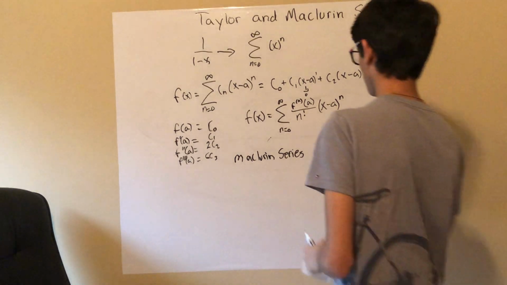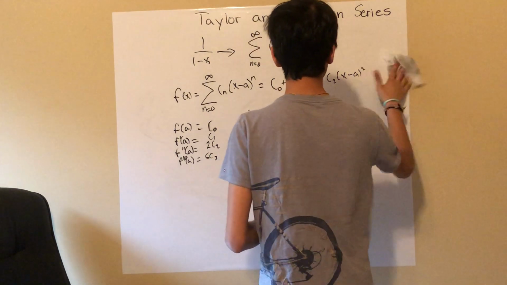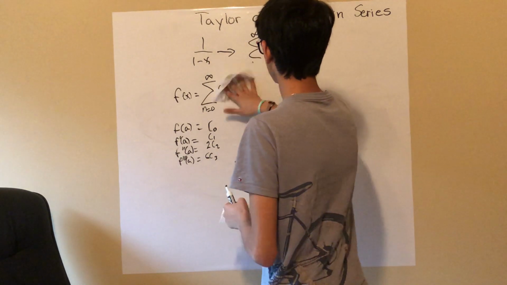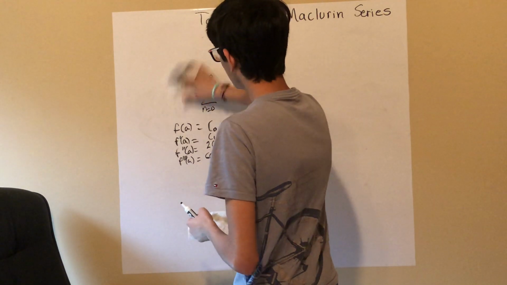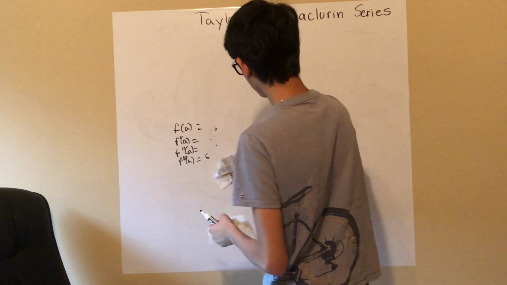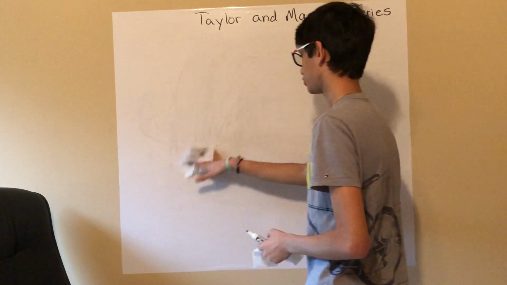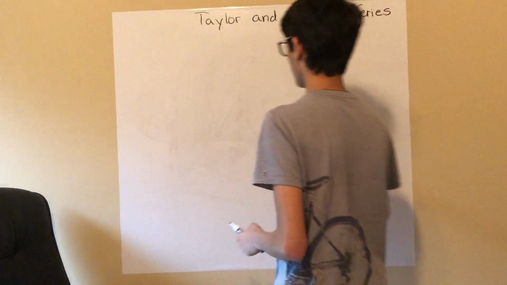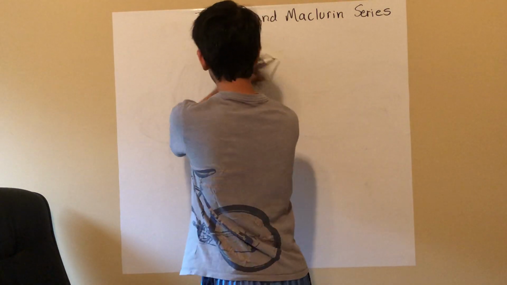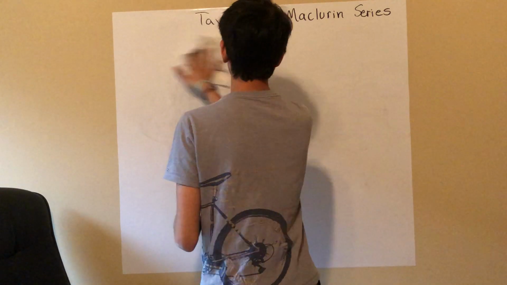Let's work on some Taylor series problems. The following Taylor series are some of the ones that show up a bit more than the others, and you should know how to manipulate them, what the values are, and all of that.